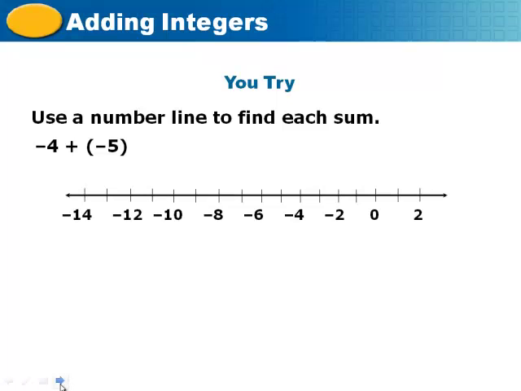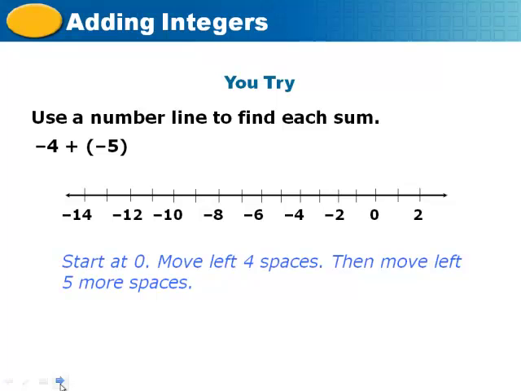Okay, so first we're going to draw the number line. Then we're going to move to -4, because -4 is our starting position. From -4, we're going to move to the left 5 more spaces. Once we move 5 more spaces, our ending position is at -9. So -4 plus -5 is equal to -9.